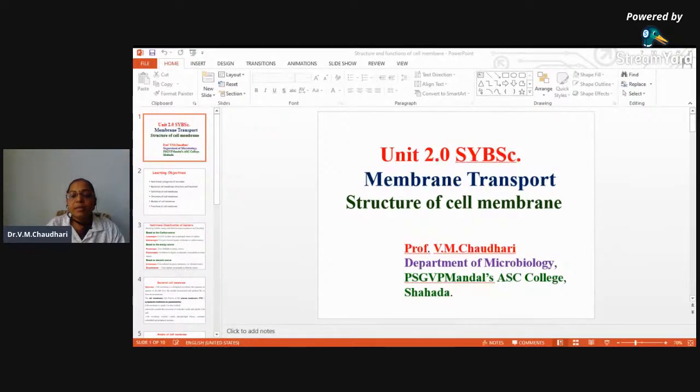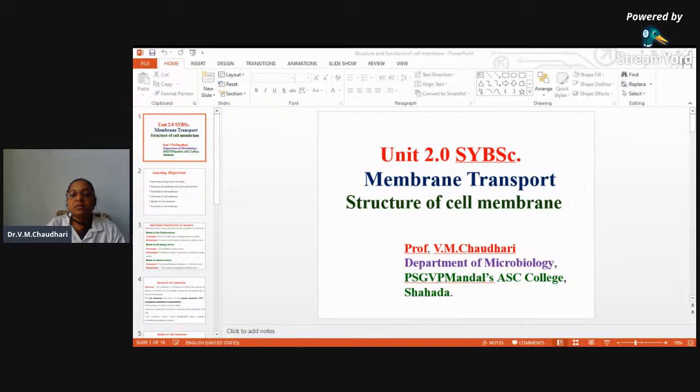We have seen the applications of enzymes in various fields: industrial, therapeutic and analytical purposes. Then we studied various concepts involved in enzyme action: catalysis, energy of activation, and transition state theory.